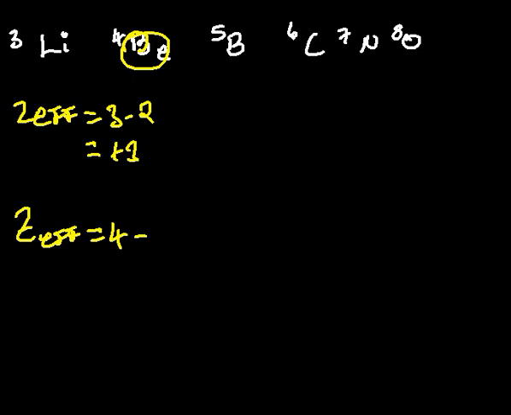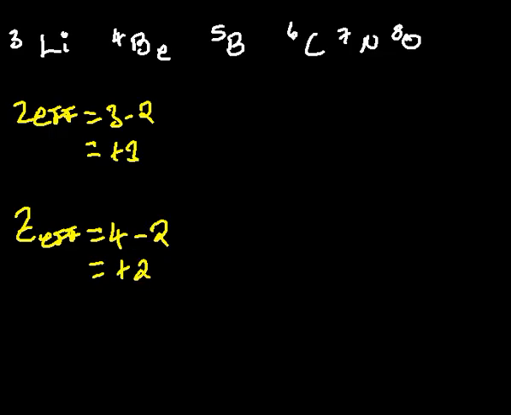For beryllium, we have 2 electrons in the outermost shell and 2 electrons in the inner core shell. For that case, we have it as 2. Therefore, we have plus 2. So that means we have 2 protons responsible to attract the outermost shell electrons towards the center.